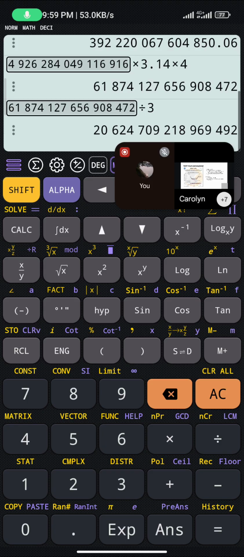Are you able to calculate? Are you facing any troubles? All right, Ripple, please let me know if you're facing any trouble or if you're not able to follow up with the session. Please let me know.